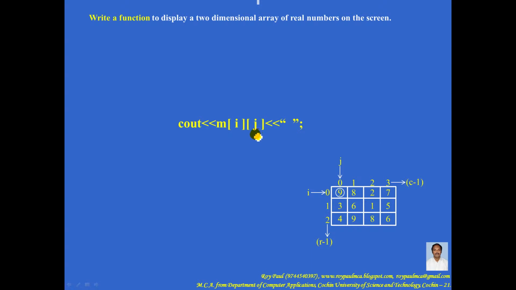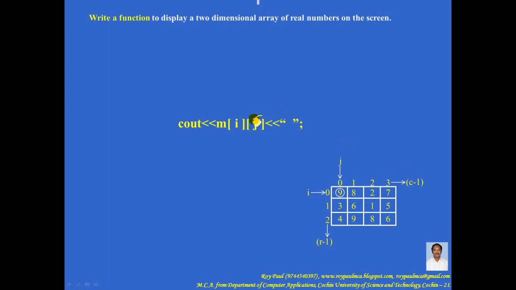So my point is, when j is 0, you get this. When j is 1, you get this element. When j is 2, you get this element. And finally, when j is 3, you get this element.